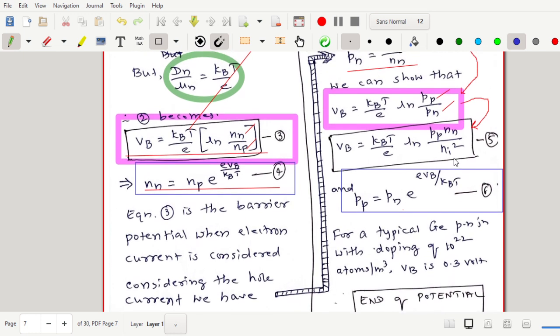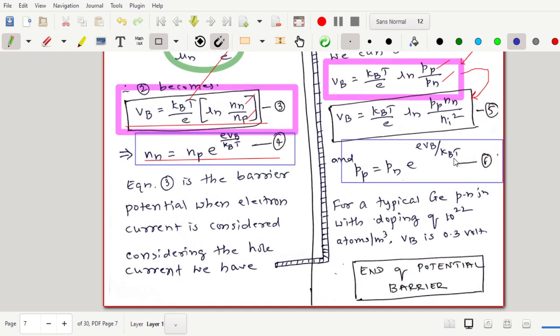Now if you substitute the values for a typical germanium PN junction with doping of 10 to the power of 22 atoms per cubic meter, then what we get is VB is 0.3 volts.